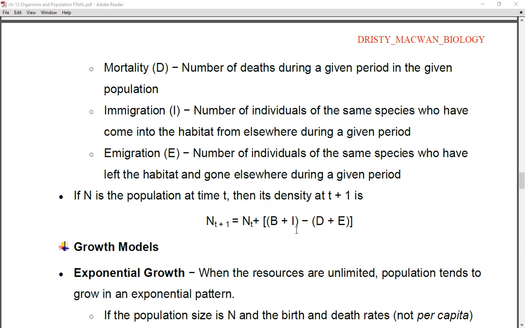Then minus D, that is the mortality, meaning how many deaths have taken place, and minus E, that is how many have left the habitat. So B plus I, minus how many deaths have taken place and how many have left the habitat. If we subtract them, we get a value which we add to the population, and that will be the population at time t plus 1.